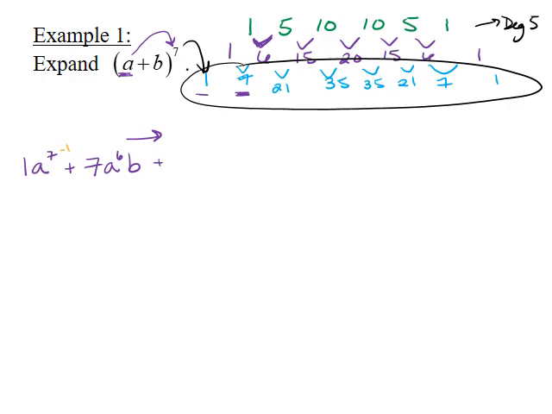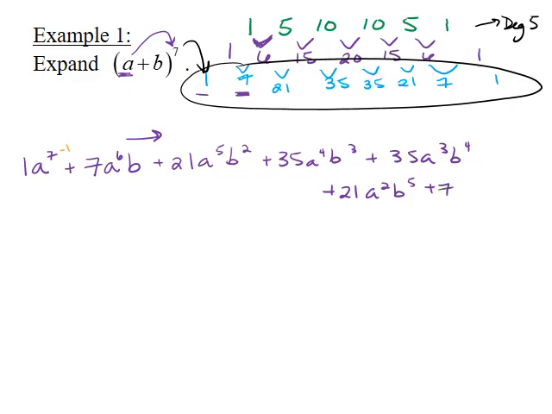So my next term is 21a to the 5th b squared plus 35a to the 4th b cubed plus 35a cubed b to the 4th plus 21a squared b to the 5th plus 7a to the 1st b to the 6th plus b to the 7th.